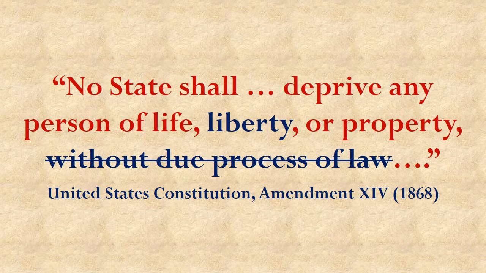Essentially, they say this liberty is too important, so important that we don't care what process you go through to take it away from somebody, you're not going to be allowed to do so. Effectively, they cross out the "without due process of law" part of the Due Process Clause. So they take a clause about process and then they cross out the process part, because all they really want to do is use it as an excuse to protect things that they want protected, substantive things, without worrying what procedures are or are not involved.